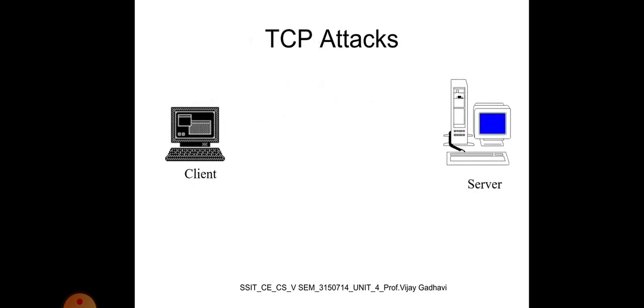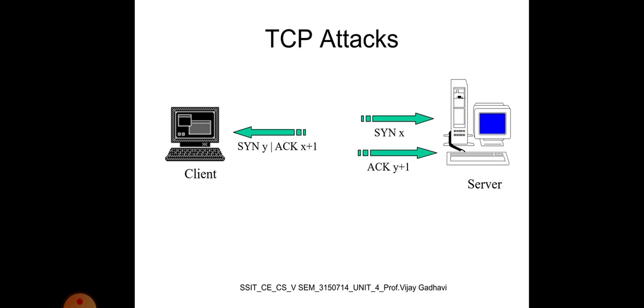Now we look at TCP attacks. There are two parties at node A, one a client and another a server. Here the client sends a message or request to the server for some data or some applications. Then the server responds to the client with a certain acknowledgement. Then once again the re-acknowledgement is sent to the server as a log.